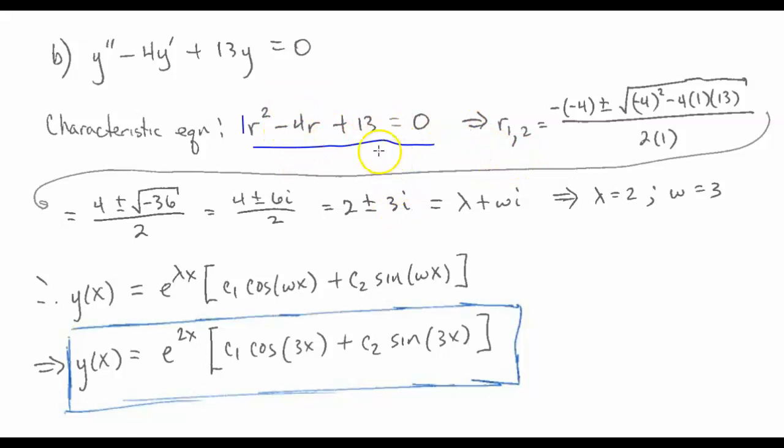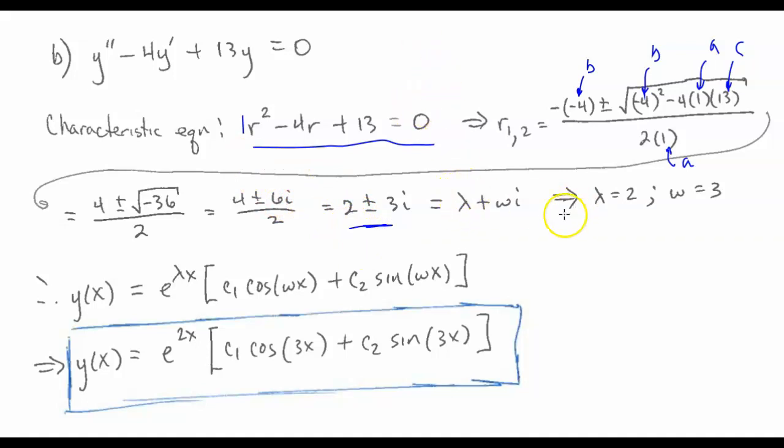And here, we won't be able to factor this one nice and easy, so the quadratic formula is the way to go. We just plug in our b, same b there, this is a, and that is c. We do all the work and we end up with 2 plus or minus 3i.